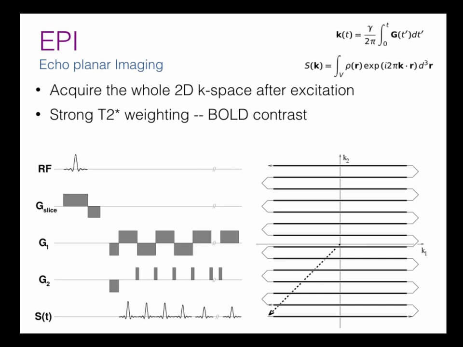And one consequence of the way that it reads out, because it goes to the edge of K space and then zigzags back, is that it crosses the center of K space only quite a long time after we initially do the excitation. So often it takes anything from about 15, 20, 30 milliseconds to get to the middle of K space.